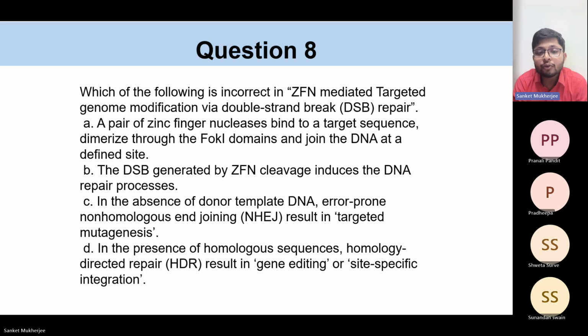In the absence of donor template DNA, error-prone non-homologous end joining results in targeted mutagenesis, or in the presence of homologous sequences, homology-directed repair results in gene editing or site-specific integration. Which one is incorrect in the following four statements?